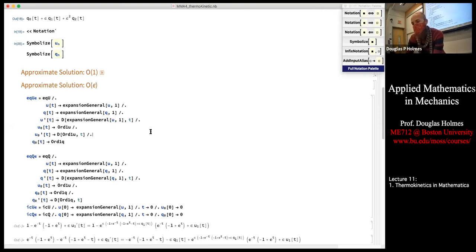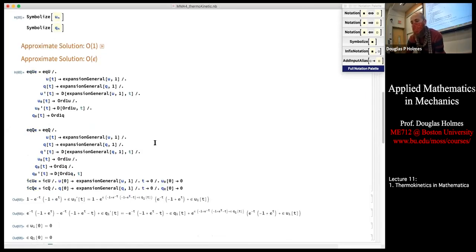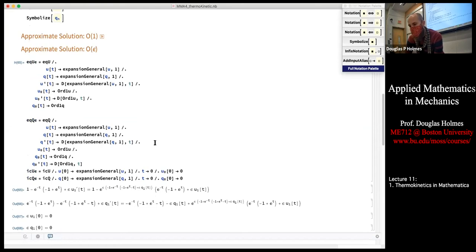Same step. Insert our guess, and then insert what we saw in the last order. Yeah, I'm just noticing, for example, for EQU, epsilon at the top there, there's not a Q naught in that equation.